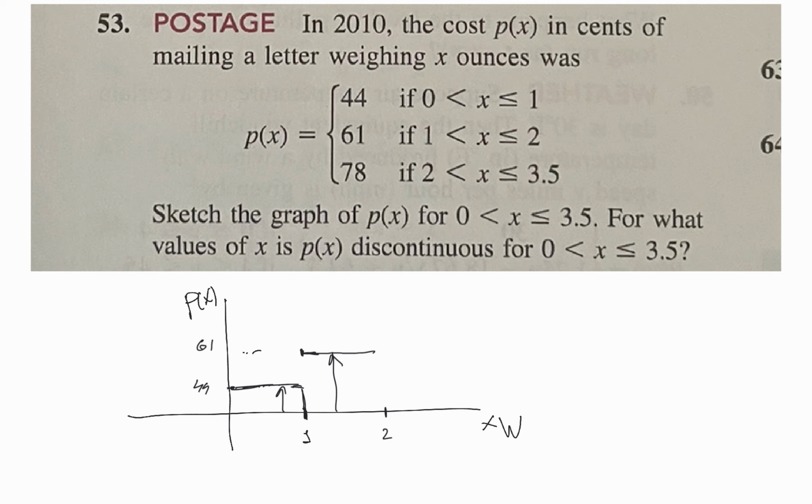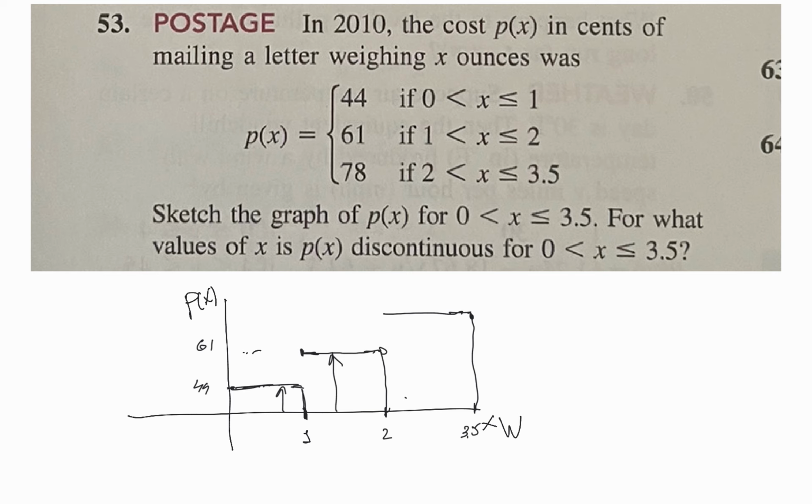And from x equal 2 to x equal 3.5, the value is 78, including 3.5 and excluding the point 2. At the point 2, the value is 61.